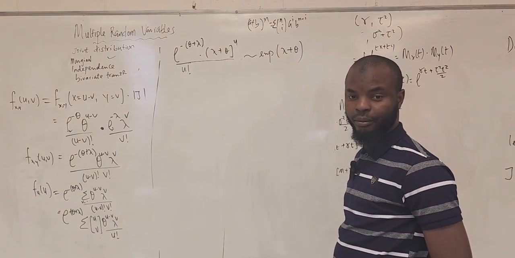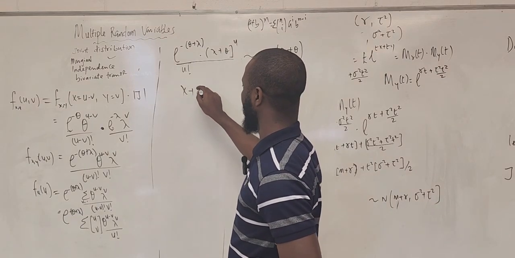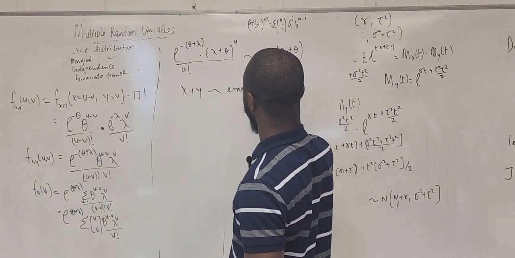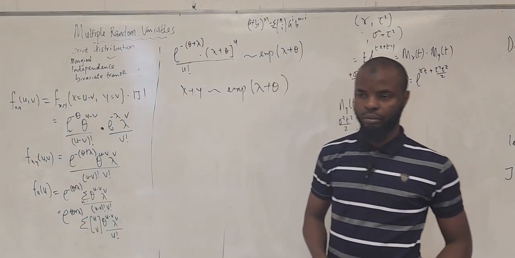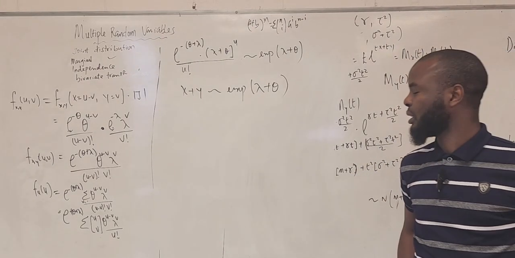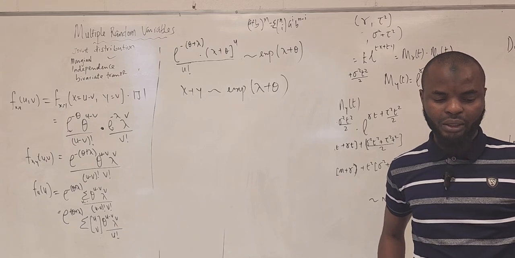So that means the distribution of x plus y is exponential lambda plus theta. You can be asked what the distribution of theta x minus y is. You can get that too on your own.